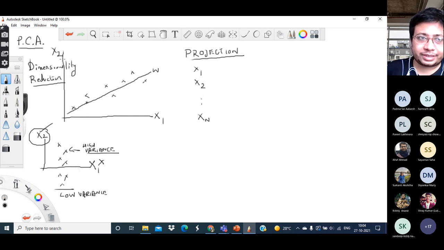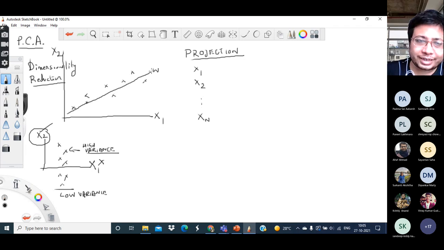But now if we consider this kind of data, where the variance is reasonably high along both x1 and x2, we cannot do something like this. That is, we cannot give away either x1 or x2. In such a situation, we observe that although the variance is reasonably equal along both x1 and x2, there exists a direction like this which we may call w.